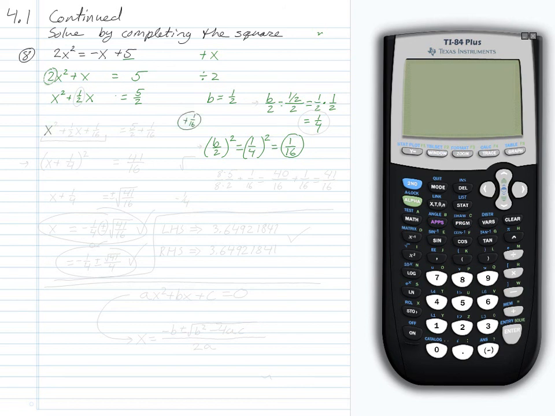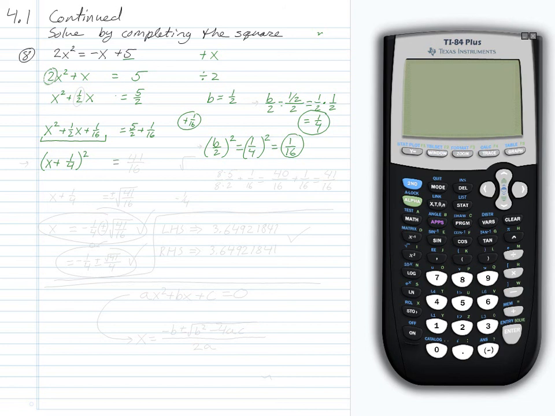to both sides. That results in our equation x squared plus 1/2 x plus 1/16 equals 5/2 plus 1/16. Now, since I completed the square, I can factor this as x plus 1/4 squared. Remember that 1/4 is b over 2. That's going to come back when we factor.